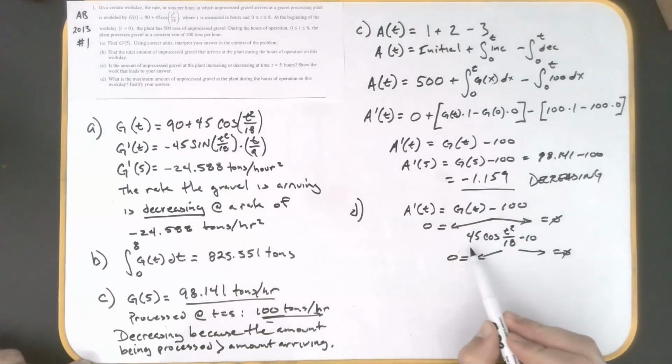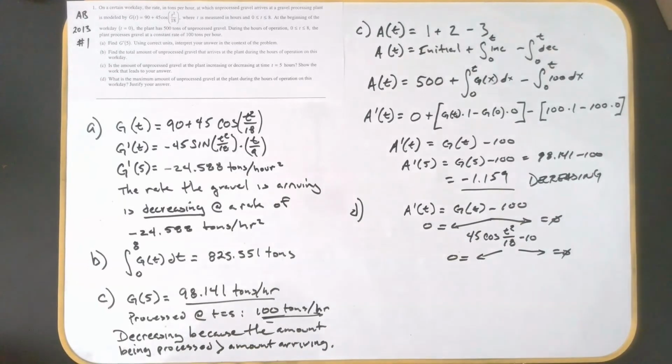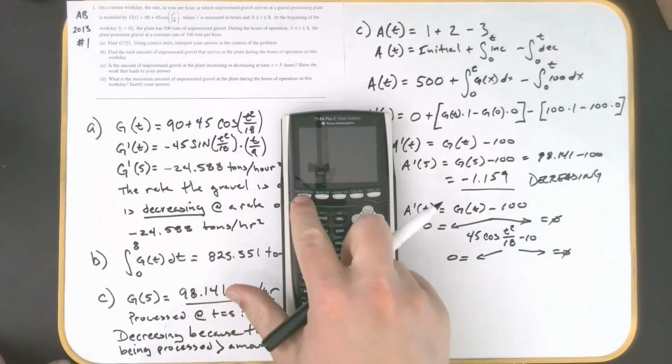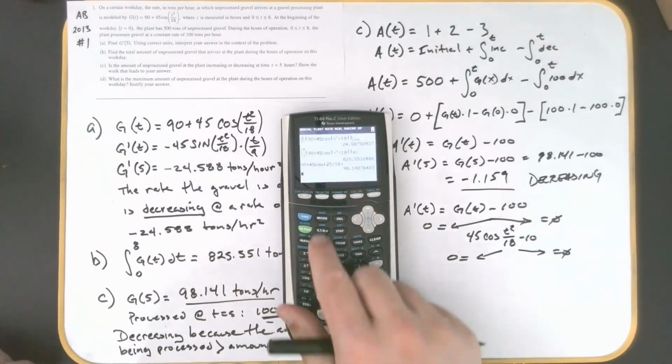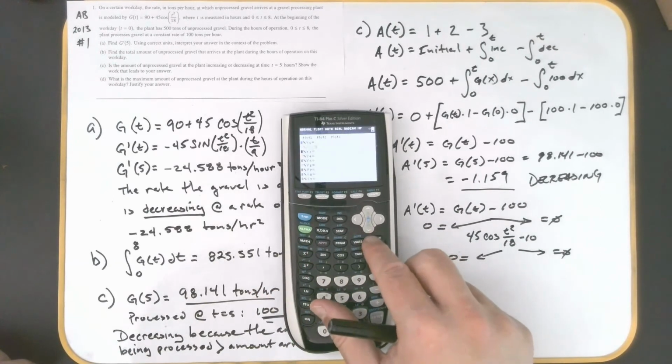Well, this function, you guys, that's a cosine graph. That's never undefined. And then when is it equal to 0? We again could graph this on our calculator and get our values. So if I graph this function on the calculator, I'll take advantage of just looking at that on the graph. I'm going to go to y equals here. We're all cleared out.